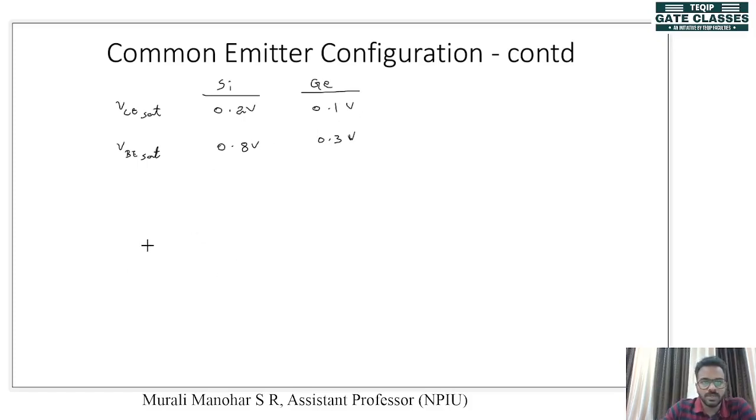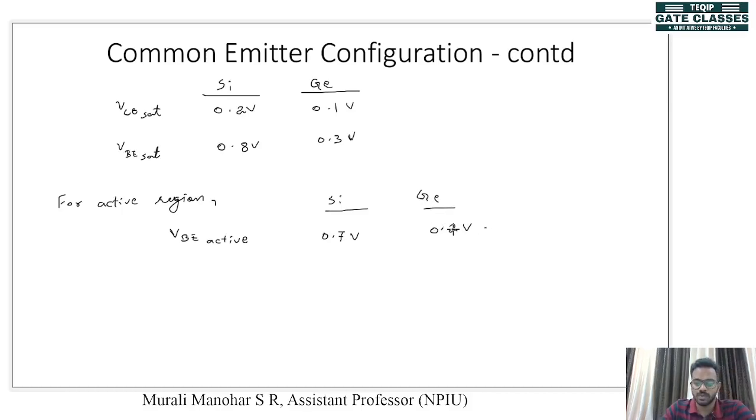Also, for active region, VBE active is defined. For silicon, VBE active is 0.7 volt, and for germanium, VBE active is 0.2 volt.